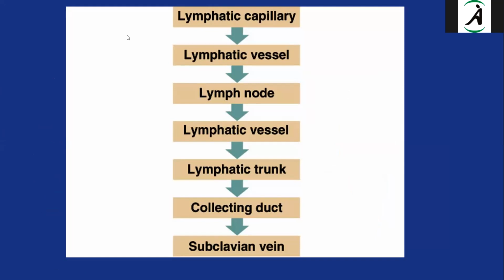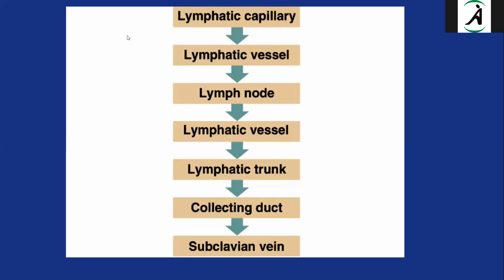Then again lymph nodes. We all know that lymph nodes are usually throughout our body. I also mentioned earlier, there are around 600 to 700 lymph nodes in our body.